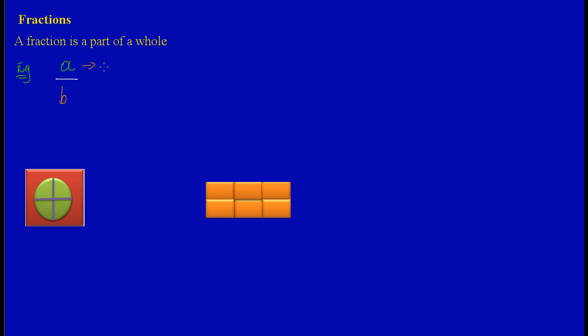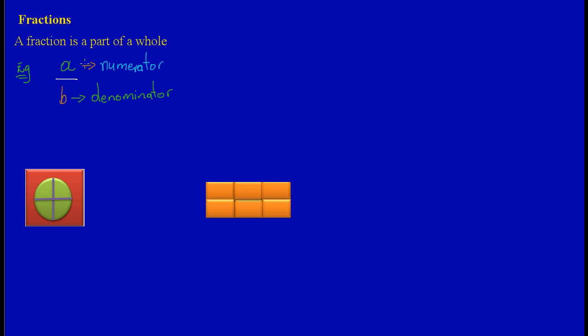Let me just write that. A is called the numerator, and b here is called the denominator.